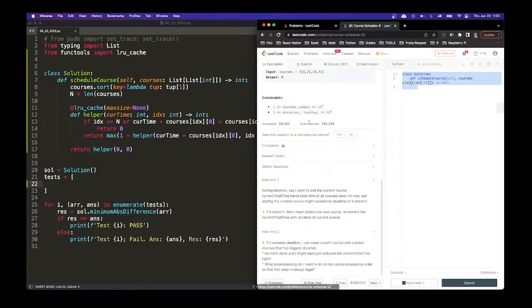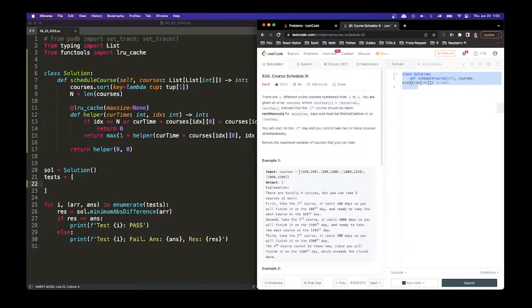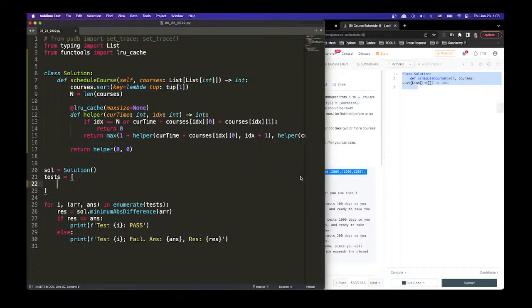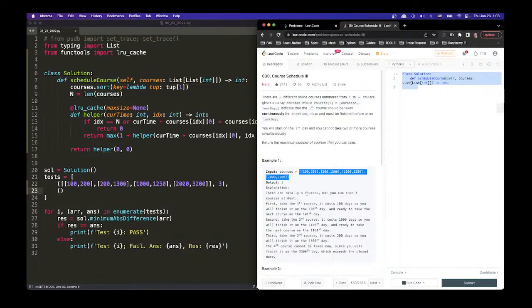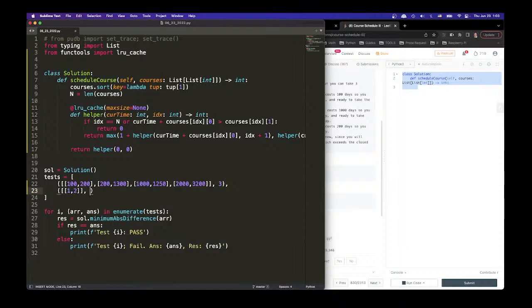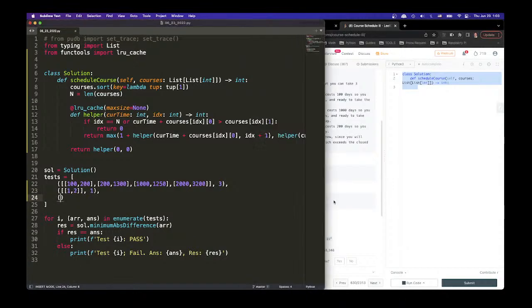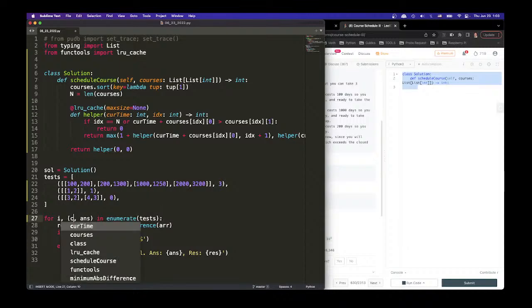Right, let's throw some test cases at it and see if this understanding is correct. So we have this shall return 3, this shall return 1, zero. Huh. Interesting. All right. So what we have here is courses.